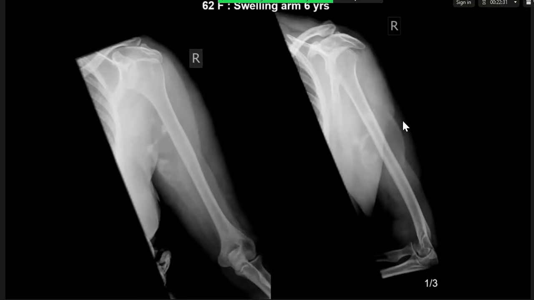So I'm presented with AP and lateral radiographs of the right humerus of a 62-year-old female.